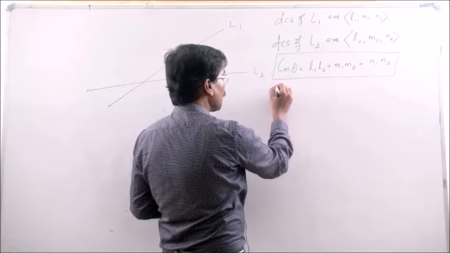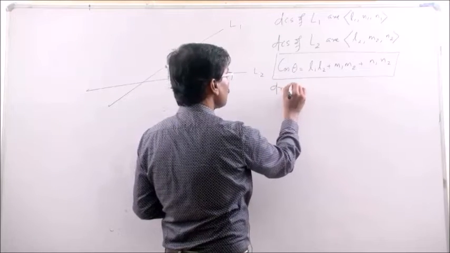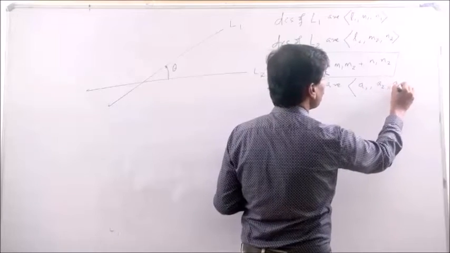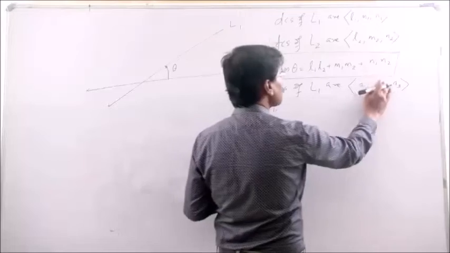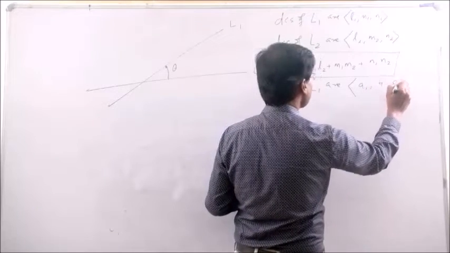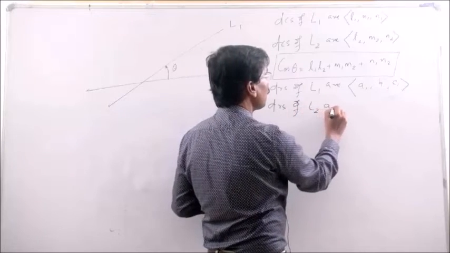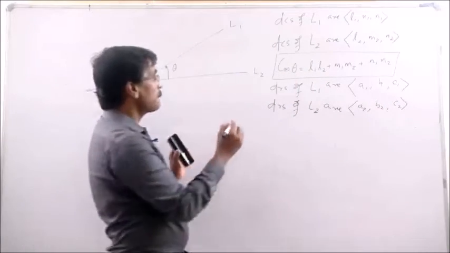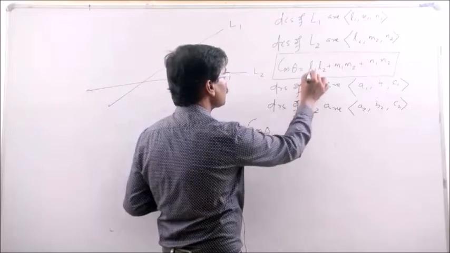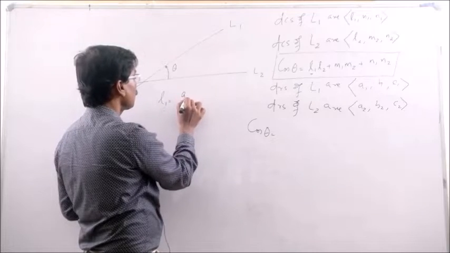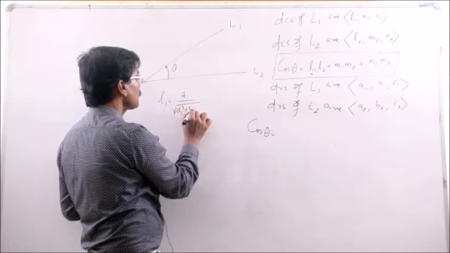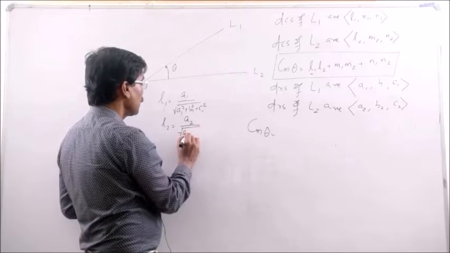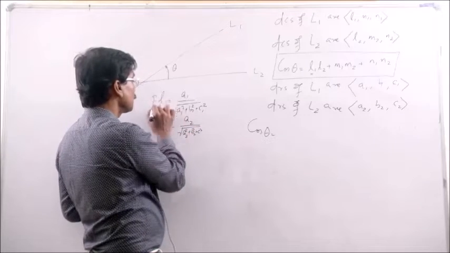So, if we have direction ratios of L1 as a1, b1, c1, and direction ratios of L2 as a2, b2, c2, then in terms of direction ratios, cos theta is, we have l1 equal to a1 by root of a1 square, b1 square, c1 square, and l2 equal to a2 by root of a2 square, b2 square, c2 square, and similarly m1, n1.